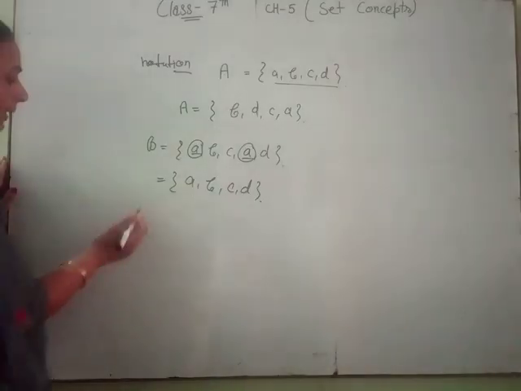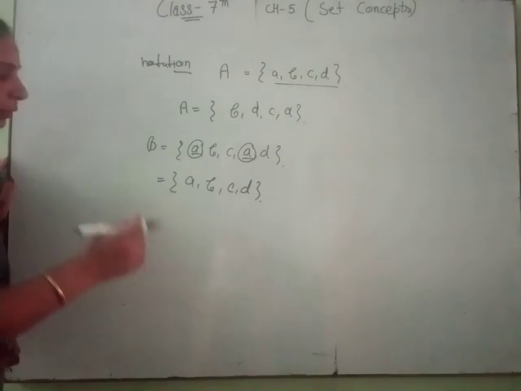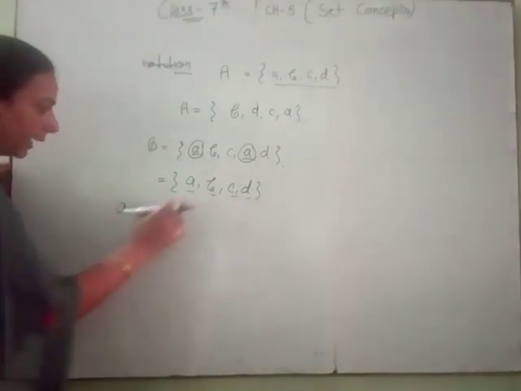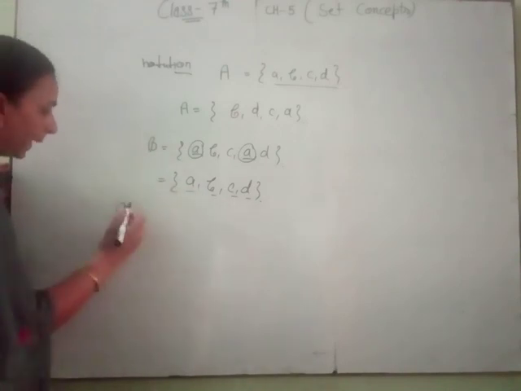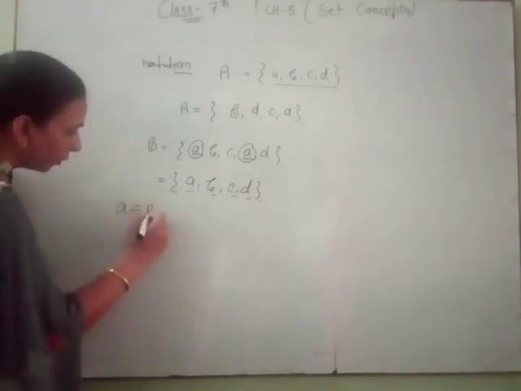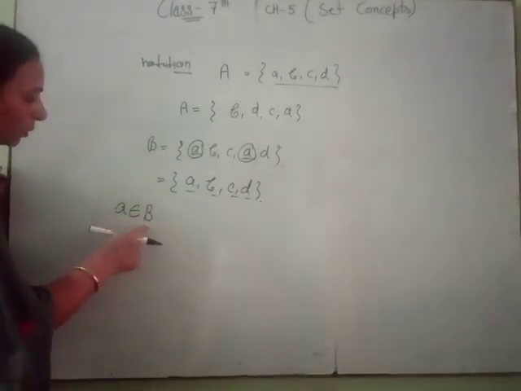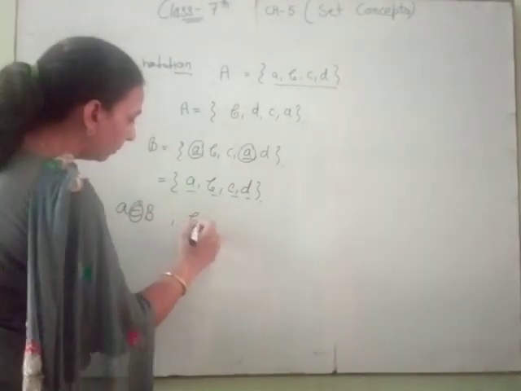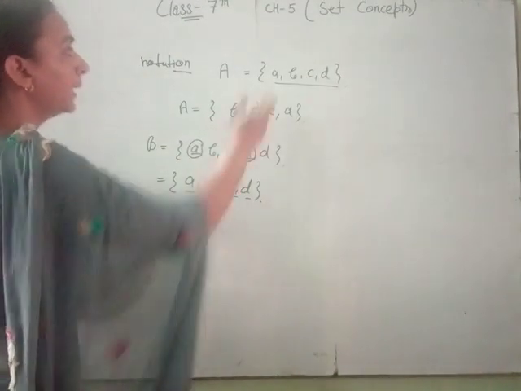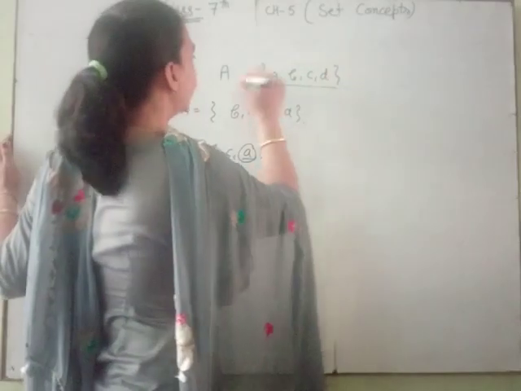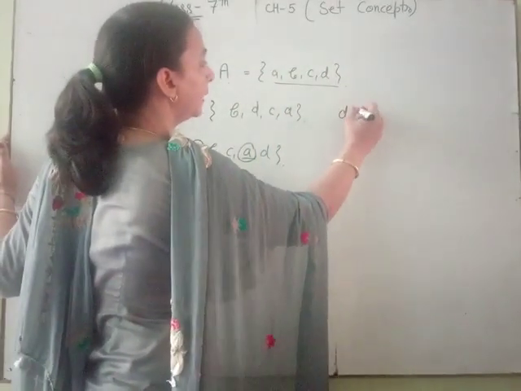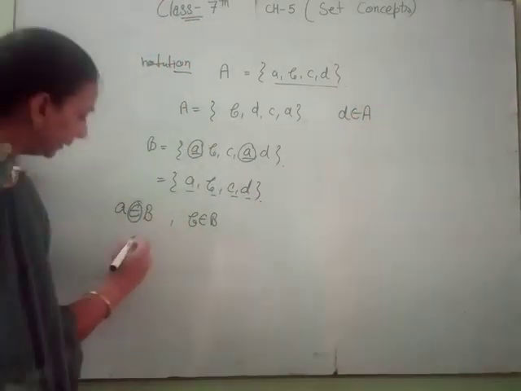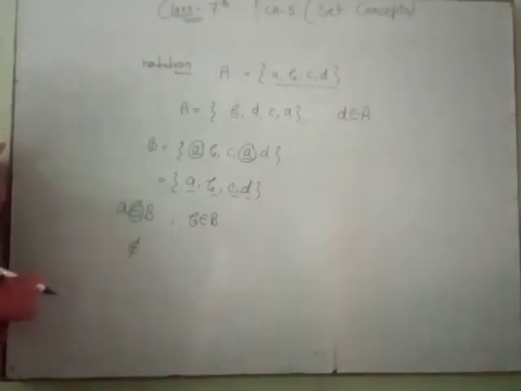Next there is the sign for belongs to or does not belong to. If an element A is an element of set B, then we write A belongs to B. This is the notation of belongs to. In the same way, if D is in set A, then we write D belongs to A. And this is the notation of not belonging to.